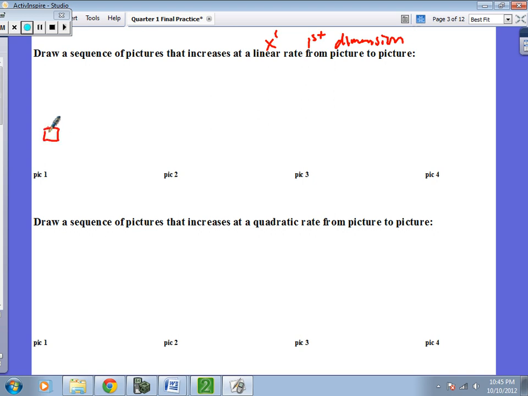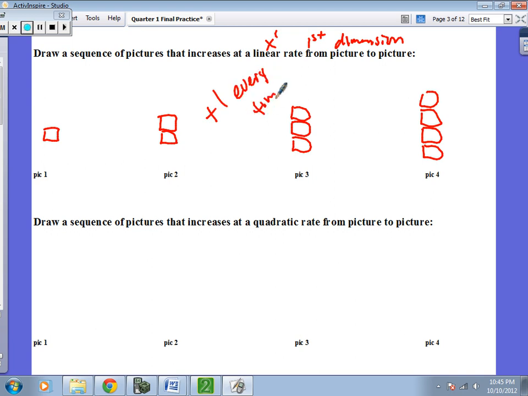Picture 1, picture 2, picture 3, picture 4, and my change is +1 every time. So that's pretty easy. Now the next one, a quadratic. A quadratic is x squared, and that is the second dimension.